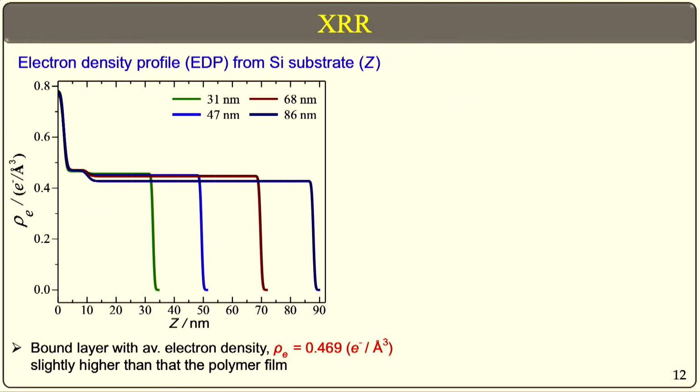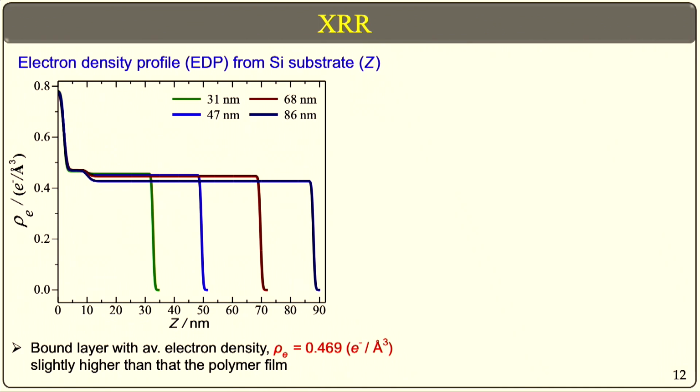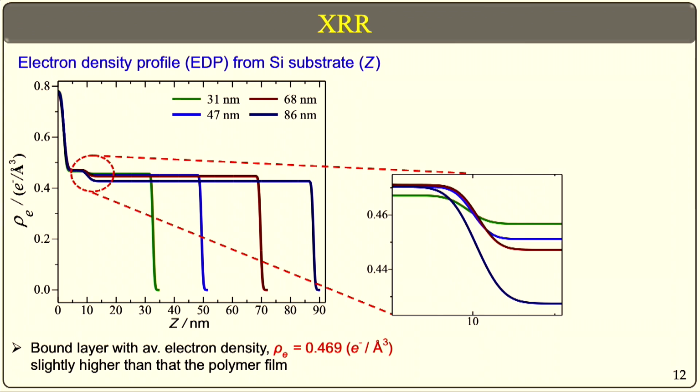So this is electron density as a function of z, the distance from the substrate. Going from the substrate towards the polymer film, you can see a very high electron density, which is the SiO2 layer, and then a sharp fall towards the upper polymer layer, which is identified as the bound layer for us, and then the upper polymer film for different thicknesses. The electron density of the bound layer comes out to be around 0.4969 electrons per angstrom cubed.